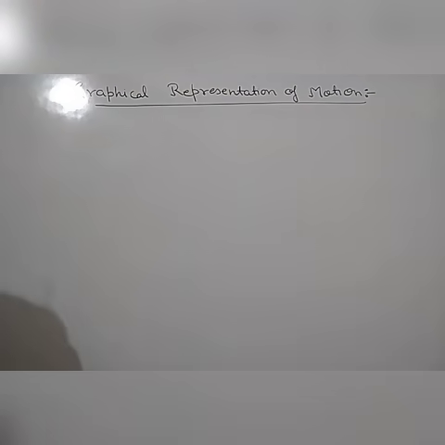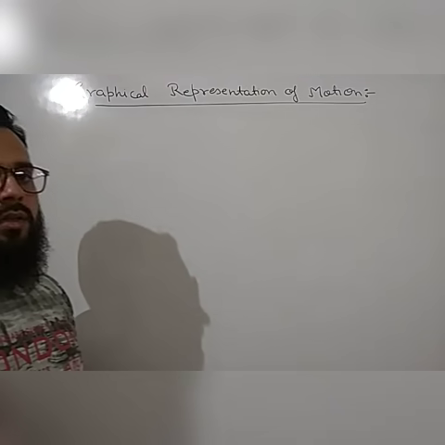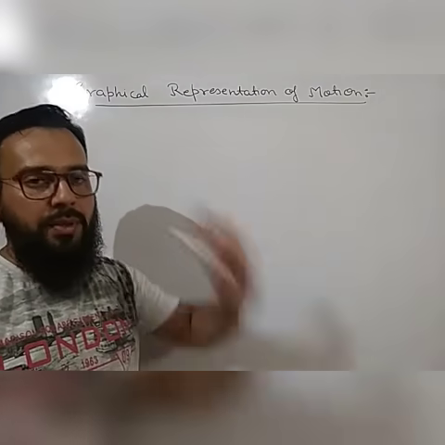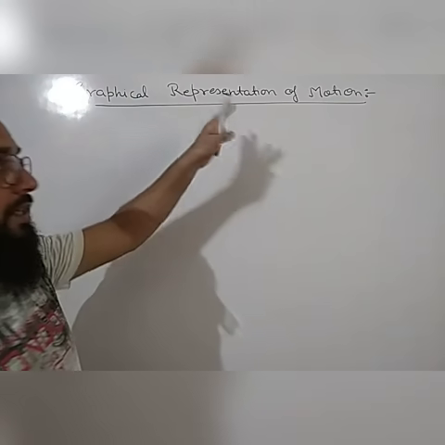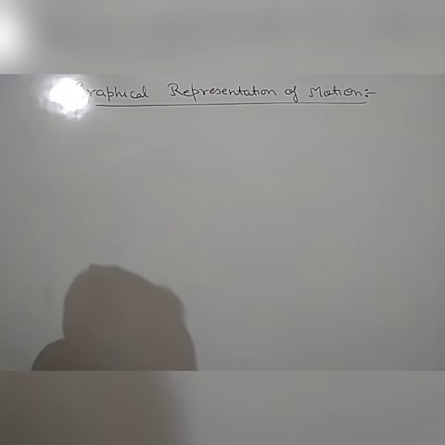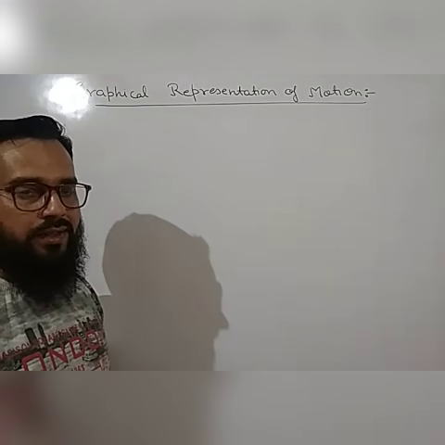How will you represent different types of motion on a graph paper? That is the graphical representation of motion, to represent the motion on a graph sheet.